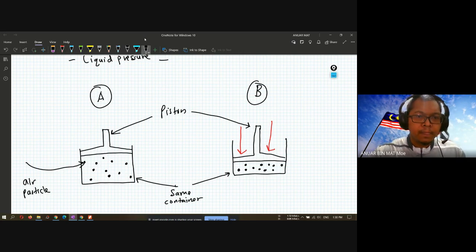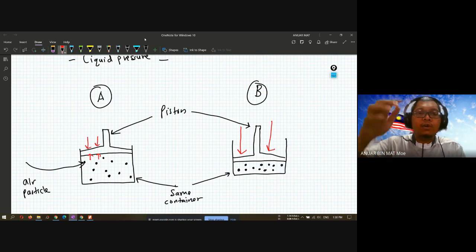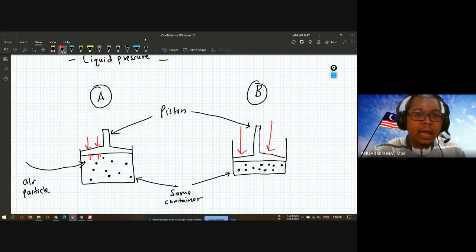Okay. You must understand. The volume inside is what we call the pressure inside. On diagram A, the pressure inside and the pressure outside is the same. The pressure is equal because I didn't push down the piston.